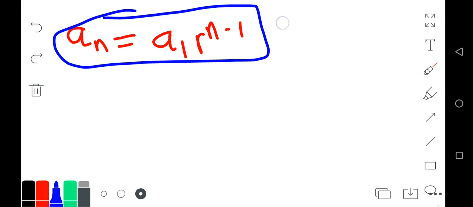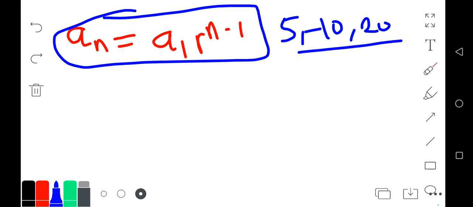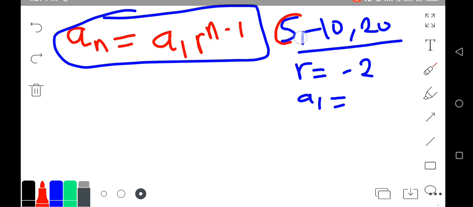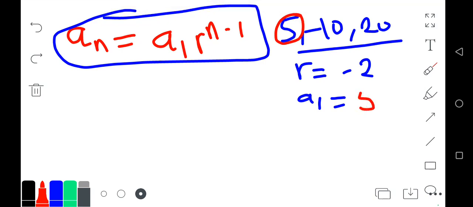With the previous sequence, which is 5, -10, and 20, what is the formula that we can actually use in order to generate other numbers in the sequence? In this case, we have just previously found that r is equal to -2, and a_1 is the first term. So a_1 always is the first number in the sequence, which is 5. And what is your n?